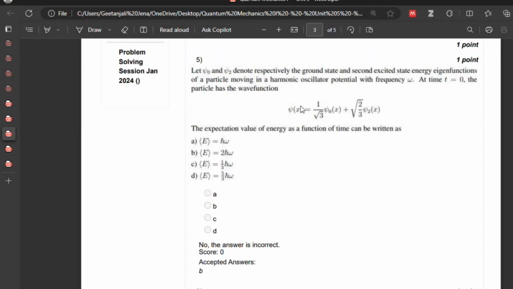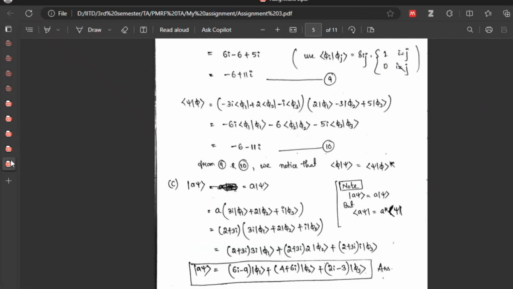This one, psi 0, psi 2 denotes the second excited state energy. I will confirm in the next class. I'm also getting the same one, but let me confirm once from the NPTEL side.